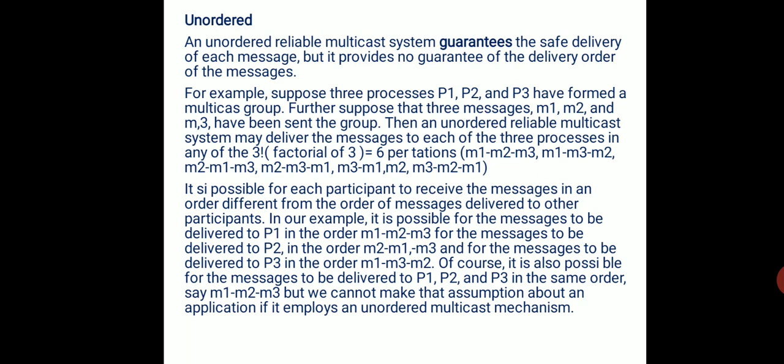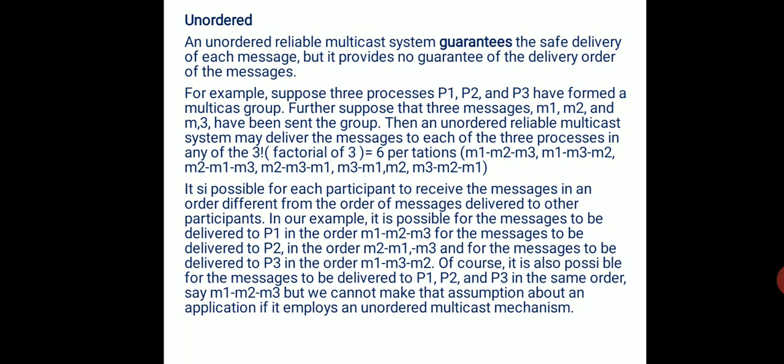That is, the message order may be M1, M2, M3 or M1, M3, M2, M2, M1, M3, M2, M3, M1, or M3, M1, M2 or M3, M2, M1. It will be any of these orders. So it is possible for each participant to receive the messages in an order different from the order of messages delivered to other participants.